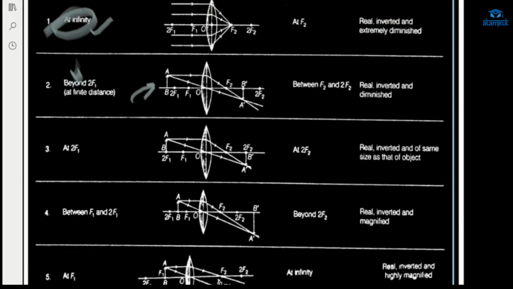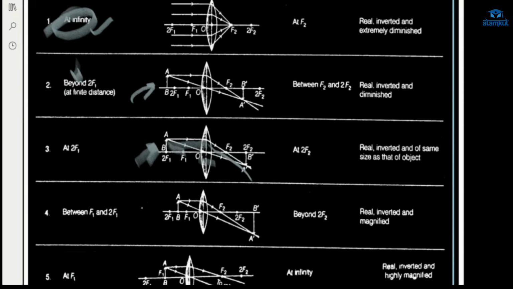Now for the third case, we will place the object at 2f1. We'll draw the same types of ray diagrams. First, the ray that is coming parallel to the principal axis will pass through the focus. The ray that is directed towards the optical center of the lens will pass undeviated.